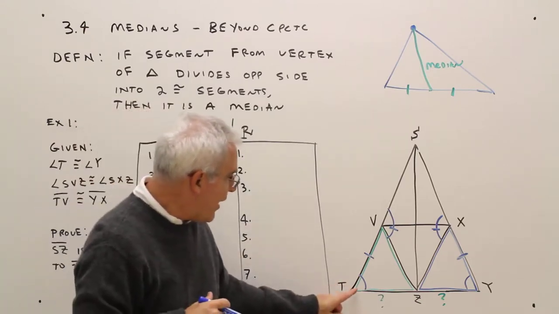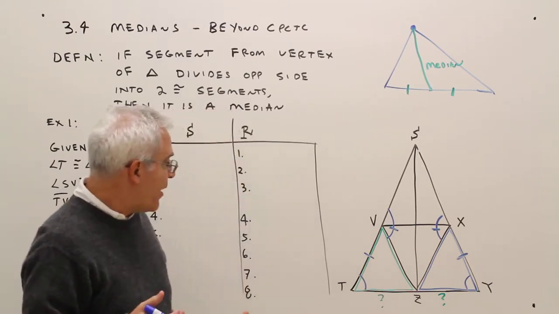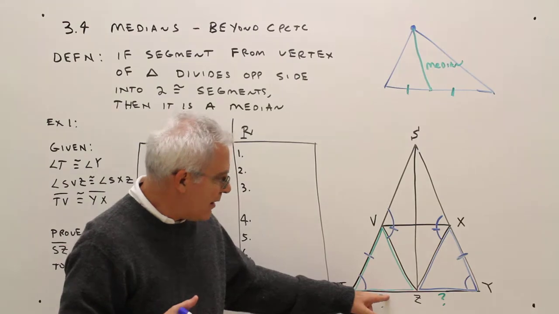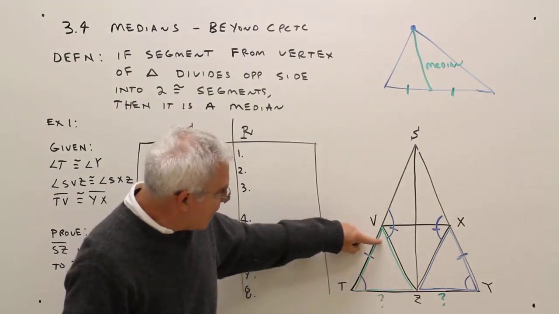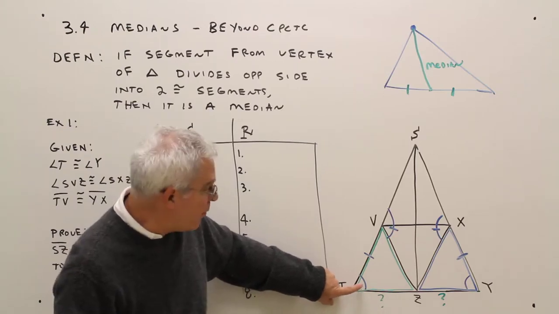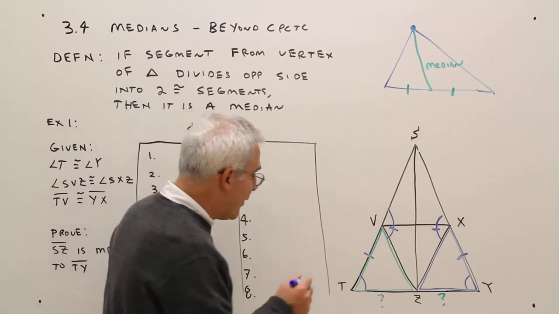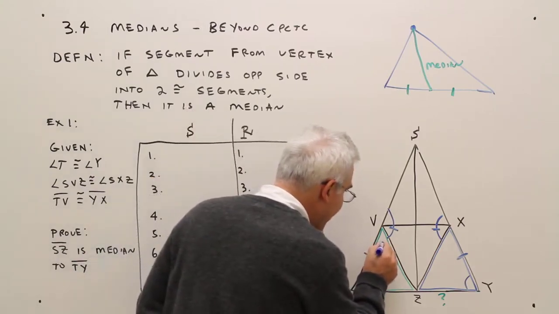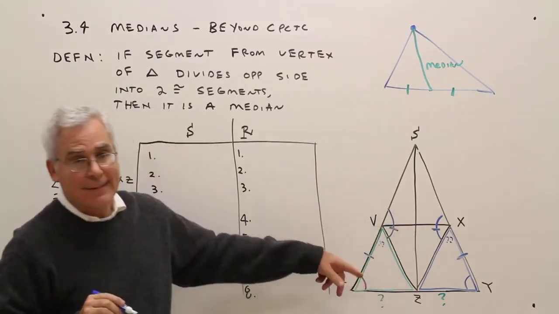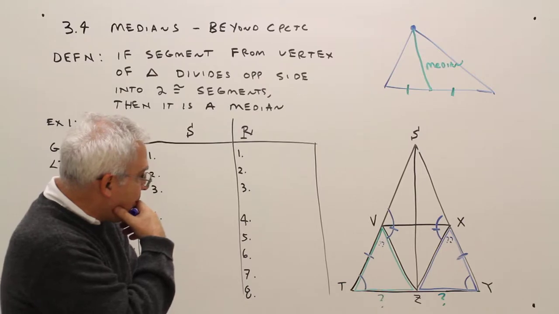I've got an angle and a side already. So, well, that side is going to be not easy to do. Maybe I can get that angle to that angle. If so, the triangles would be congruent by angle, side, angle, ASA. All right, so now I'm really trying to get those angles to be congruent, and then I'll get the triangles and the parts. So how can I get those angles congruent?